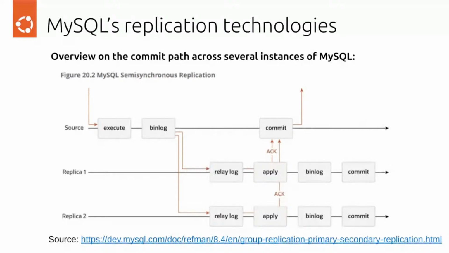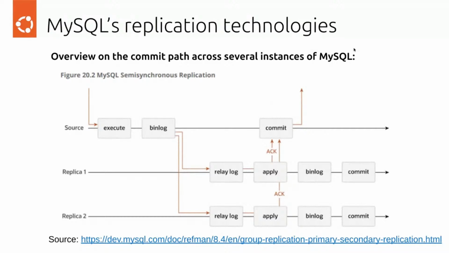And you can configure a number of things in the setup, like how many replicas need to acknowledge your changes, what the timeout is in order to be protected from long outages of a replica, and so on. But we will not dwell on the details of that too much.